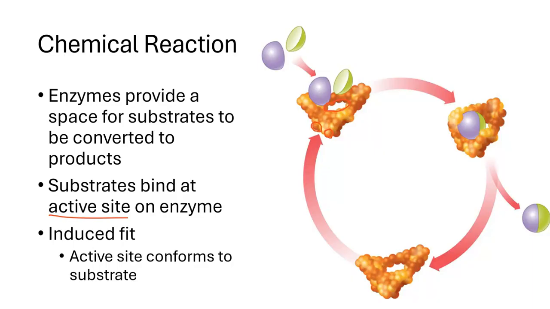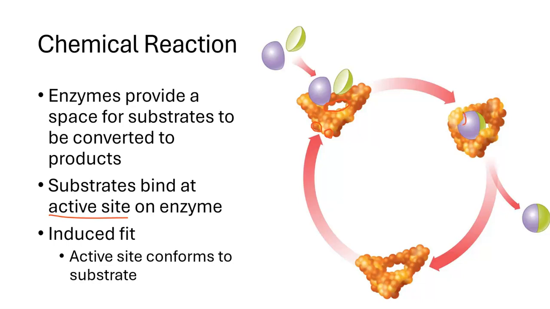And the shape of that active site typically mimics the shape of our substrates. So over here we're showing kind of two substrate molecules represented by these two half circles. They're entering into the active site of our enzyme. And what we see in the next step is it almost looks like our enzyme is hugging our substrate molecule.